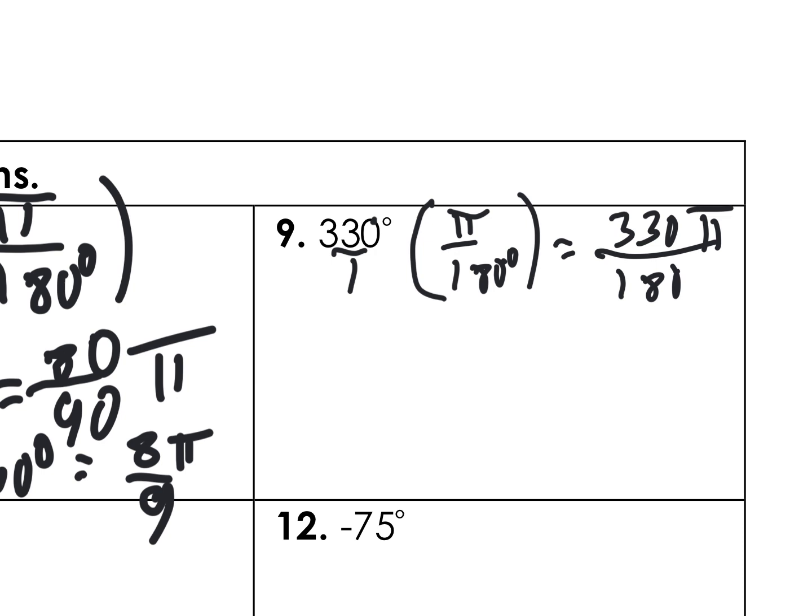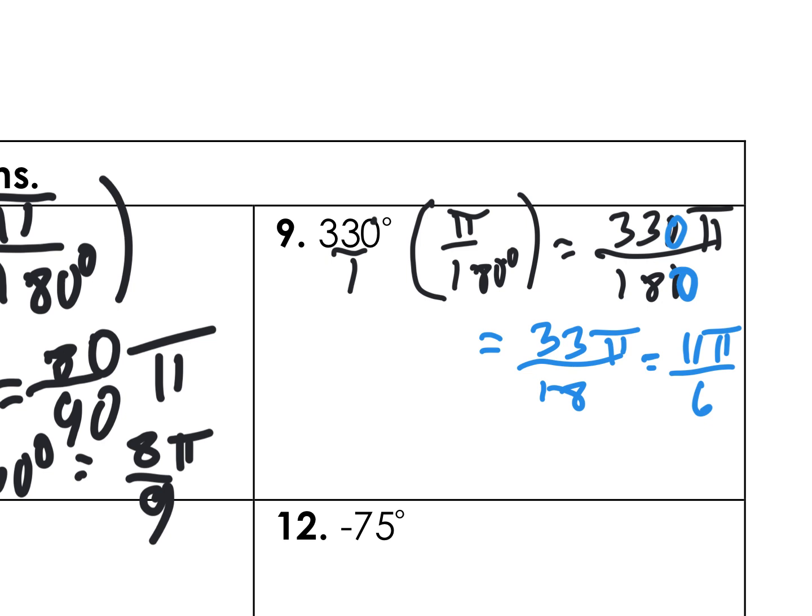Let me just divide 330 by 10. That gets rid of that 0. Divide 180 by 10. That gets rid of that 0. So that turns into 33 pi over 18. Okay, I see what happens. I can now divide both by 3. 11 pi over 6 radians.